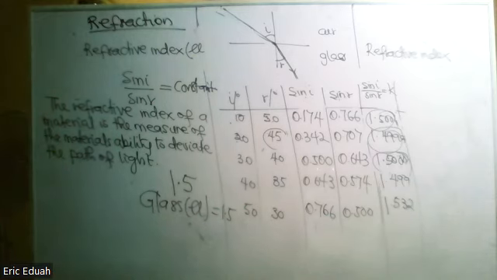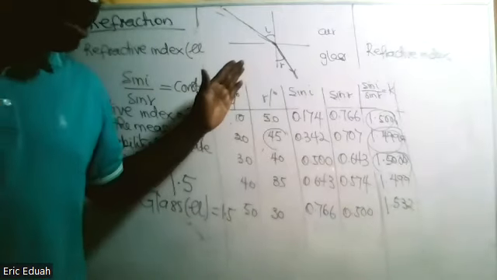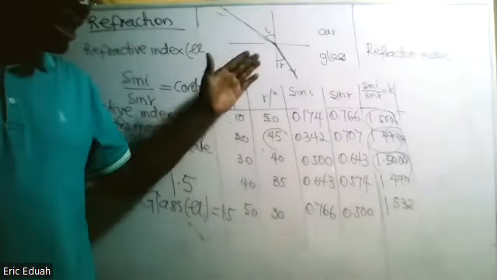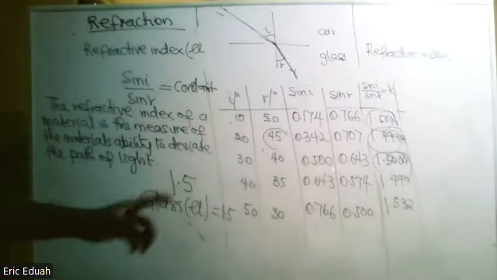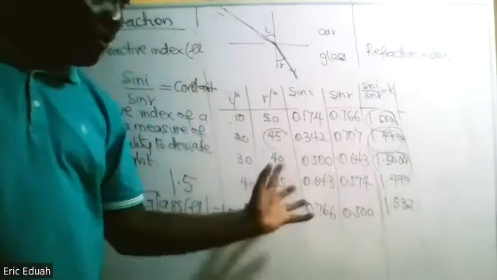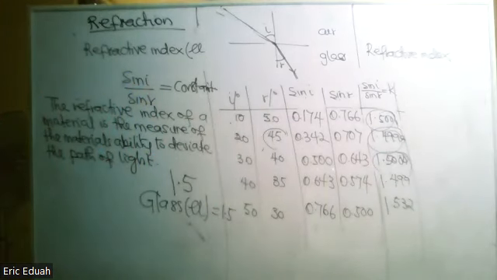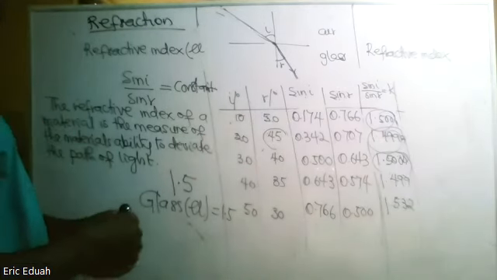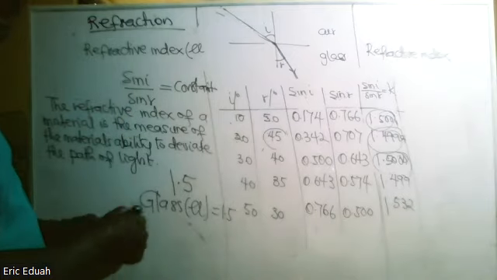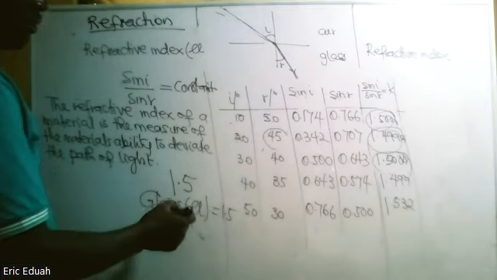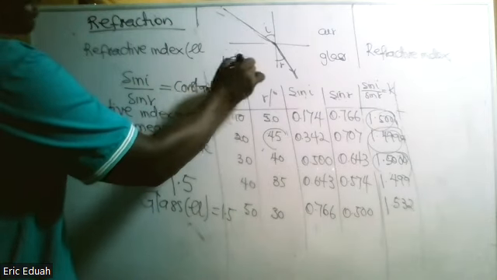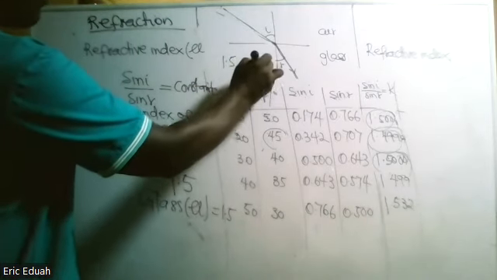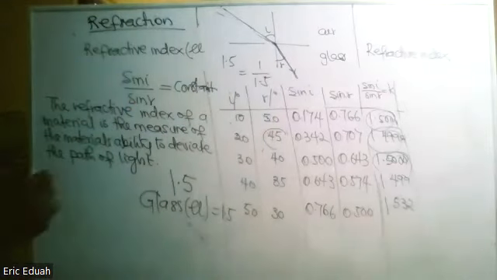So long as you are all using the same air to glass for your experiment, you need to arrive at the same or almost the same answers. And glass to air would be the reciprocal of the same answer. So if the refractive index from air to glass is 1.5, then glass to air will be equal to 1 over 1.5. We will go through reversibility so you understand.